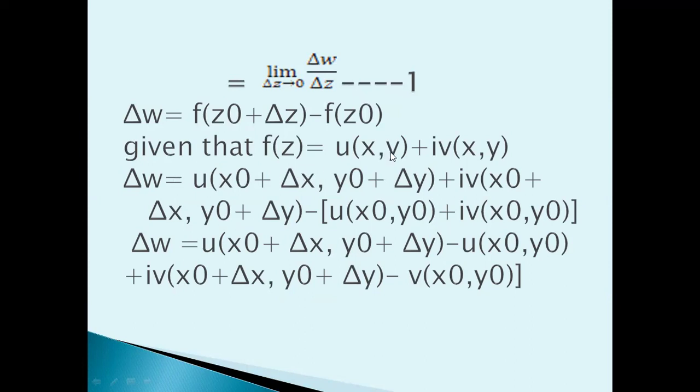Given that f equals u plus iv in terms of x comma y, del w means f of z naught plus del z minus f of z naught. Since f has u and v, this is u of x naught plus del x comma y naught plus del y, plus i into v of x naught plus del x comma y naught plus del y, minus u of x naught comma y naught plus i into v of x naught comma y naught.